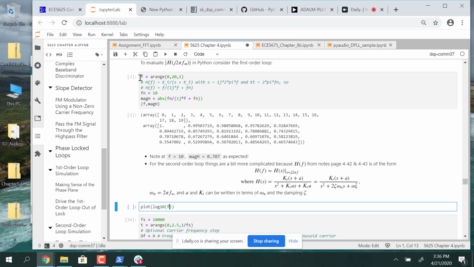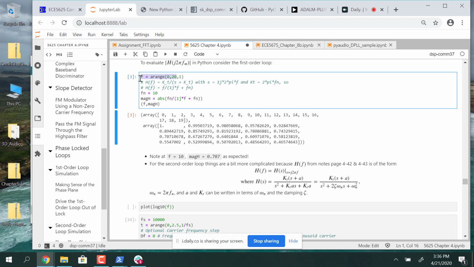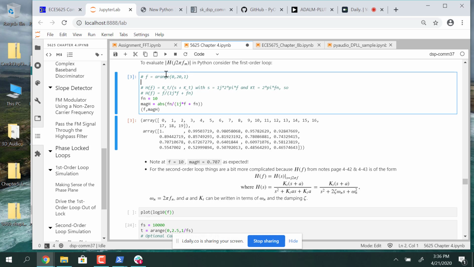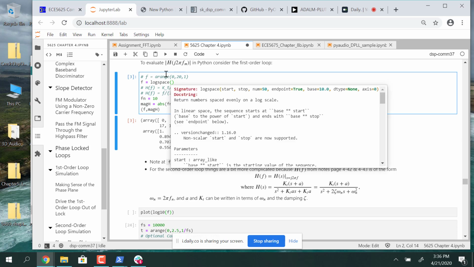Instead of doing this, make this more professional-like. I'll do f equals logspace, which you might remember from MATLAB. So here I get to put in the powers that I want to start at.